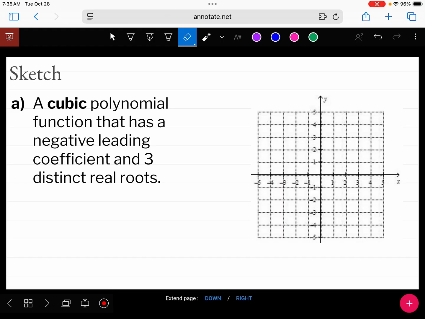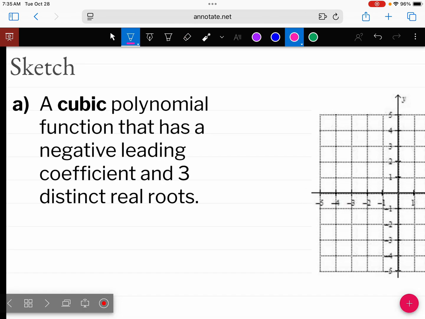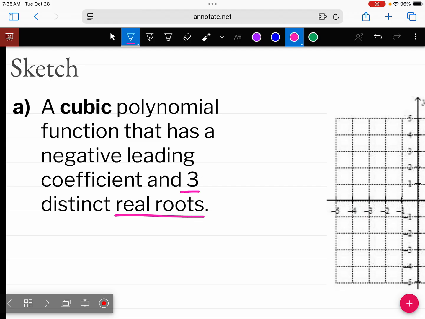So we're going to look at a cubic polynomial that has a negative leading coefficient and 3 distinct real roots. What that means is it has 3 different roots. That's what that means. Distinct means different. So we need this to have 3 roots, be cubic, and have a negative leading coefficient.